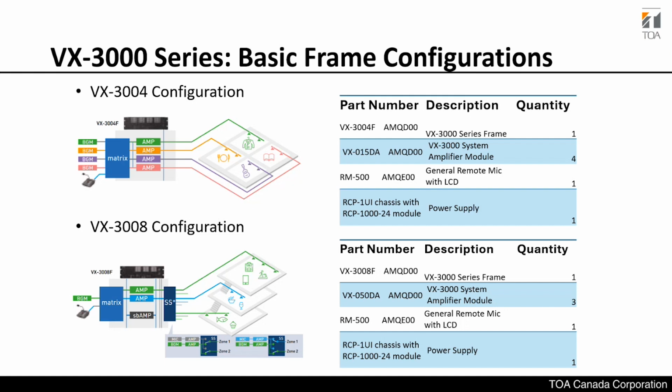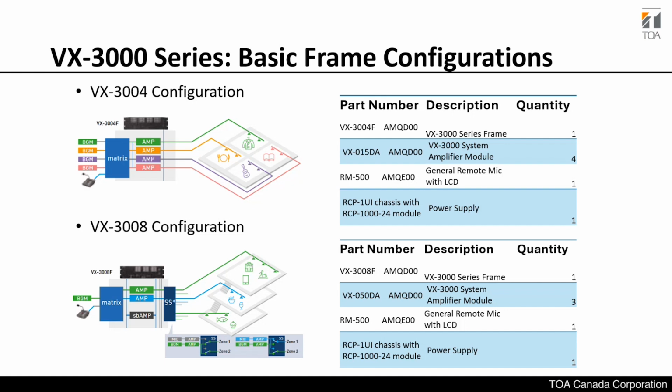The VX3008 works more on a speaker switch, where one amplifier gets fed from the BGM source, and the other amplifier is responsible for the paging source.